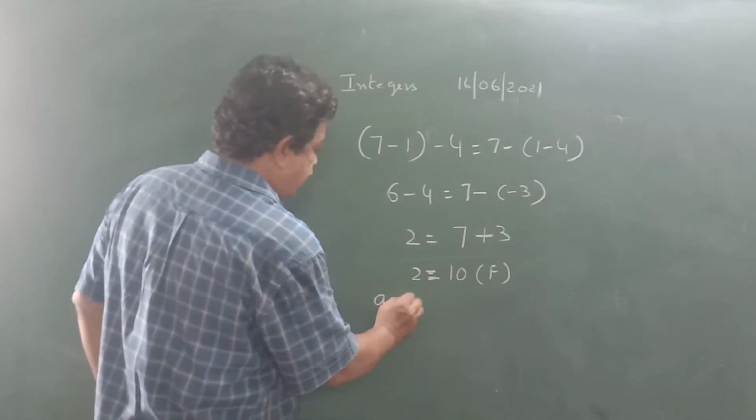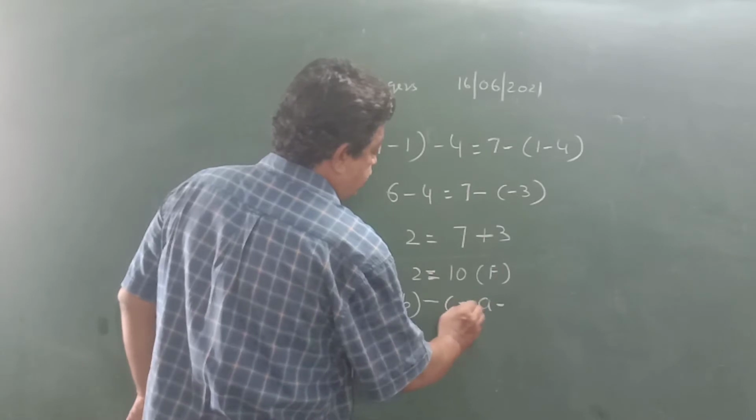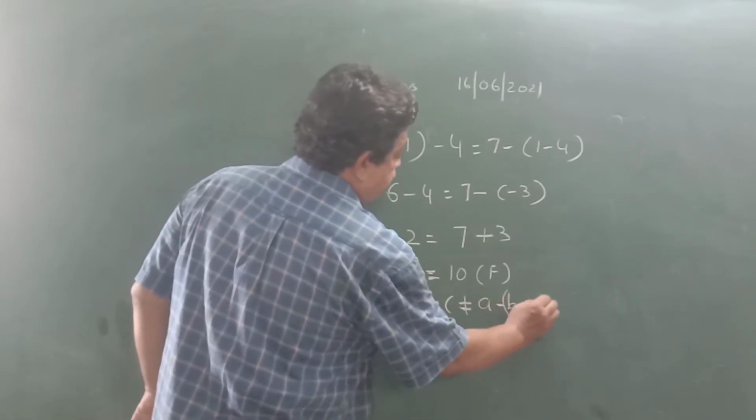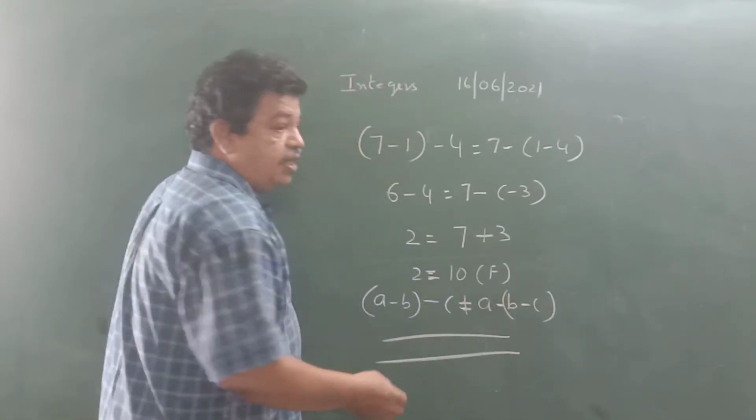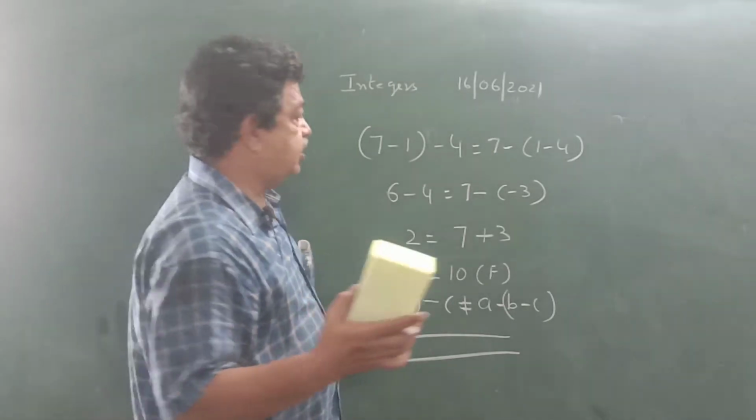Therefore, in general, a minus b minus c is not equal to a minus of b minus c. Integers do not have associative property under subtraction.